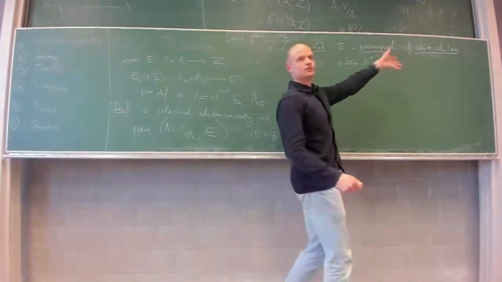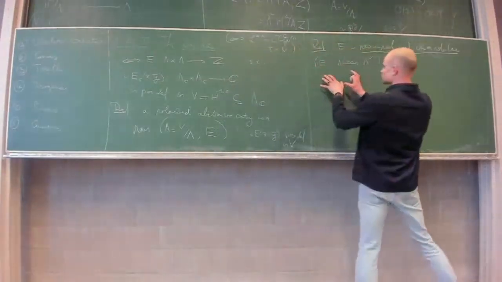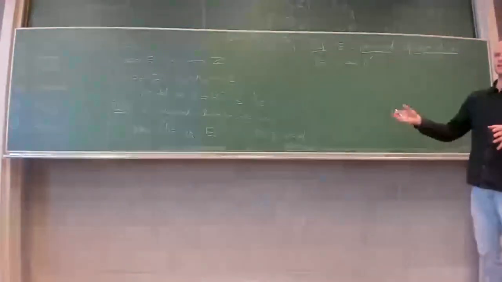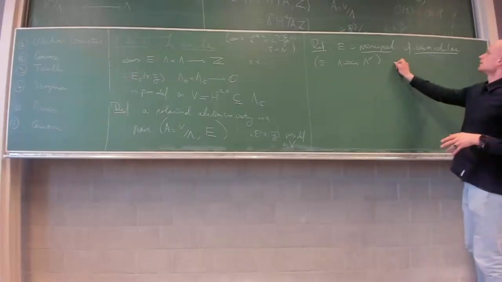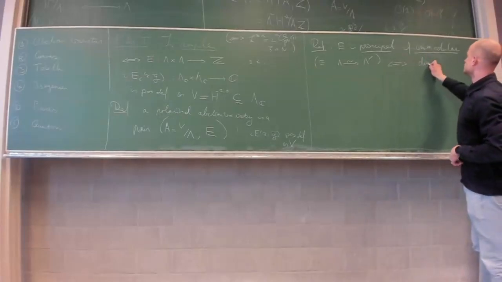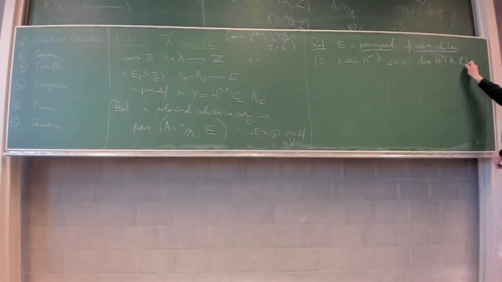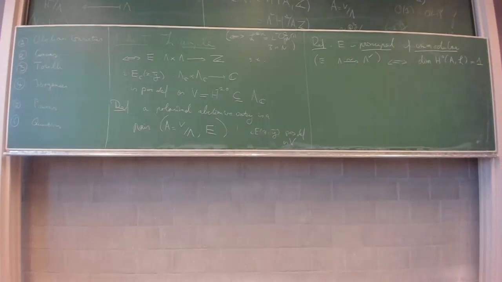If you want to see this in terms of the line bundle side, you can translate this all from linear algebra to geometry. That's what makes this theory of abelian varieties so nice. This turns out to be equivalent to the dimension of the space of global sections being exactly 1.